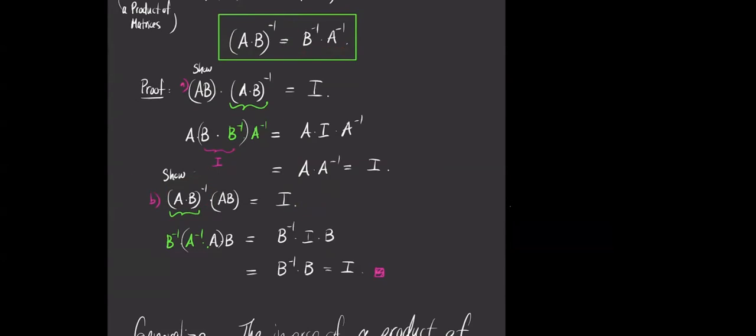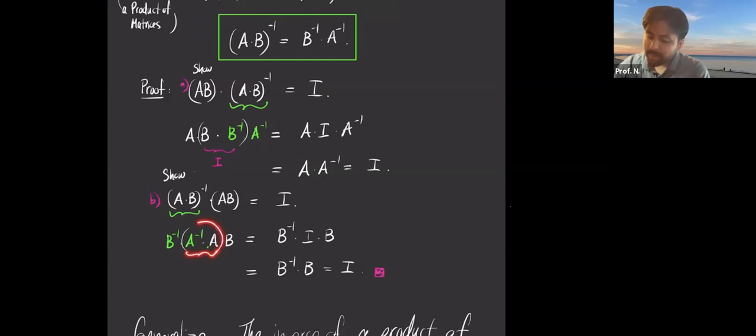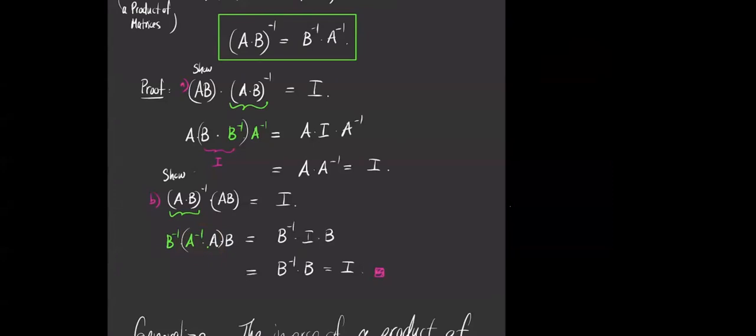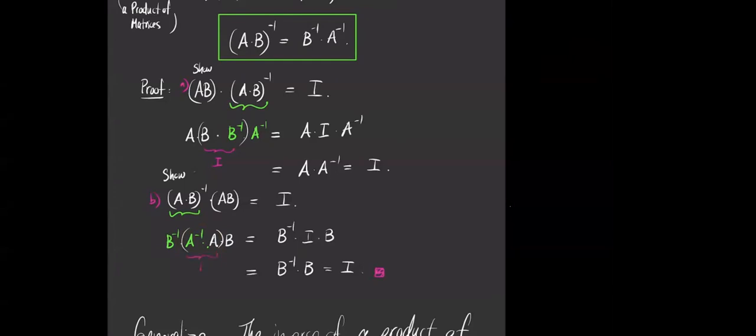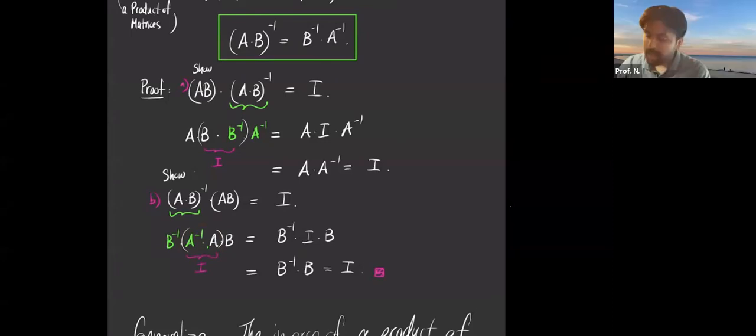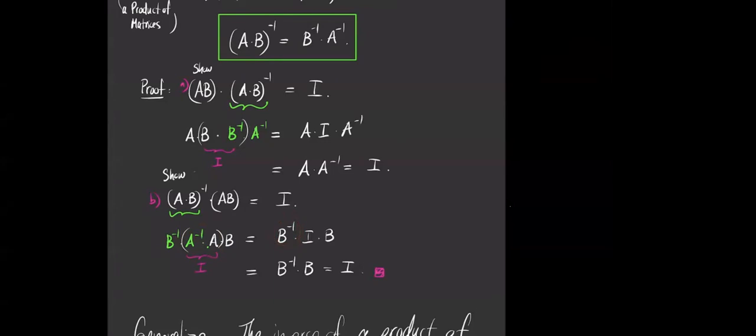You substituted it here, right? Yeah, I replaced it with what it resulted in. So A inverse times A is the identity. And then on the other side you multiplied by the inverse, right? Yeah, B inverse. So because you did it on the left side, you've got to do it on the right, basically.